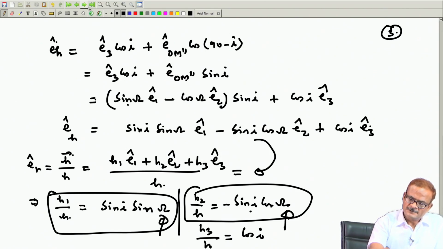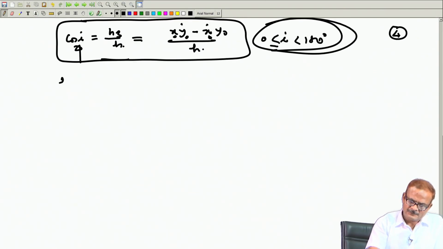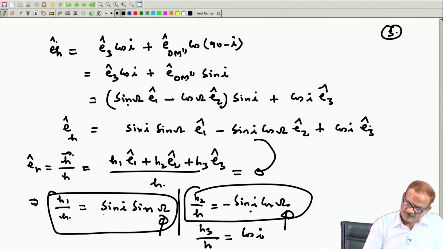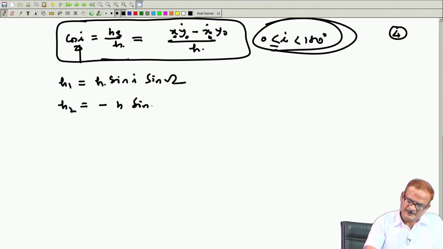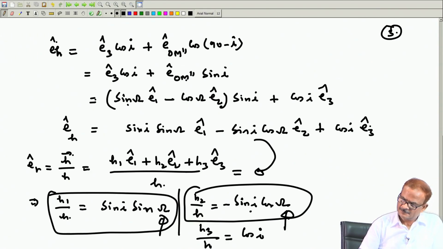So, this is the same thing what we have done here. So, h 1 equal to h times sin I times sin capital omega, and h 2 equal to minus h times sin I times cos capital omega. This is what is here.